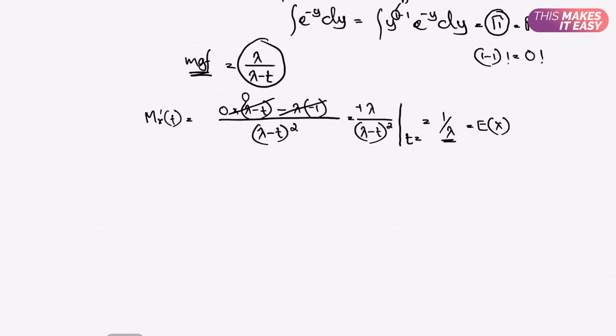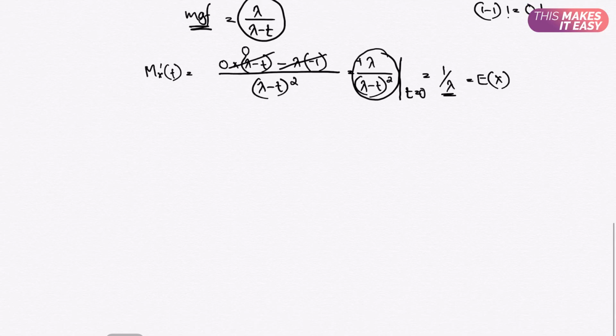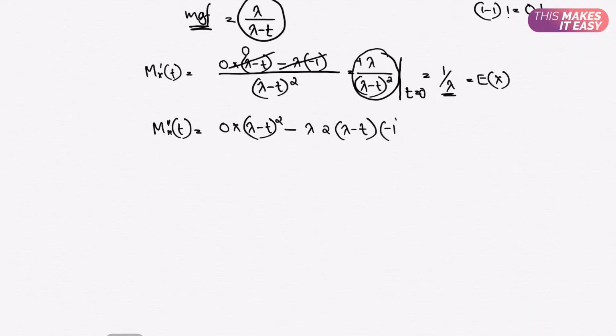If I differentiate this function again with respect to t and set t equal to 0, I will get the second moment. This becomes 0.